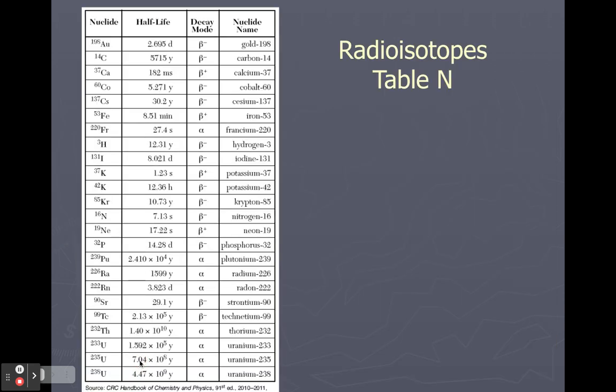So, table N in your reference table is a list of some common radioisotopes. It's not a comprehensive list, but these are the main ones that we're going to be taking a look at. You can see on this table, it tells you the half-life, the decay mode, which we're going to learn more about. That's what it's emitting when it transmutes, and its name.